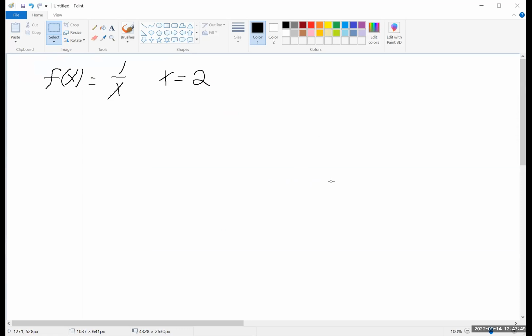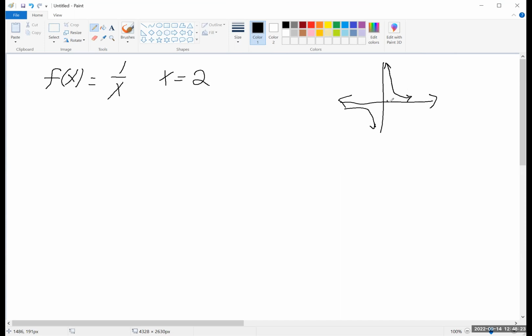And just to give you a sense of what we're looking at, as x gets smaller, this gets larger, and as x gets smaller negative, it gets larger negative. So it runs something like this.